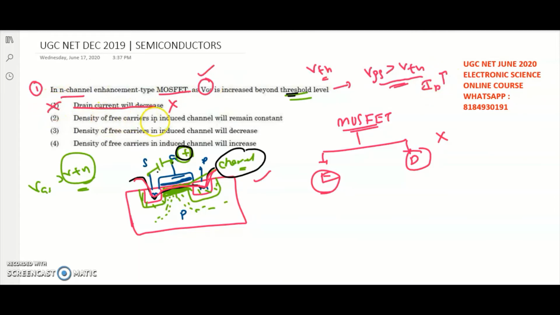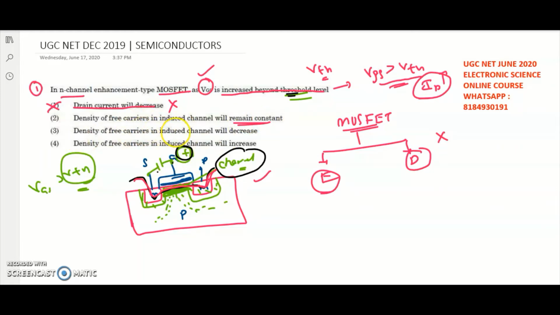And the second option: the density of free carriers in the induced channel will remain constant. Here what they told in the question is that if VGS is increased beyond the threshold voltage, then the density of free carriers will not remain constant, because the drain current will start increasing, so the density of free carriers or the electrons induced in the channel will not remain constant.